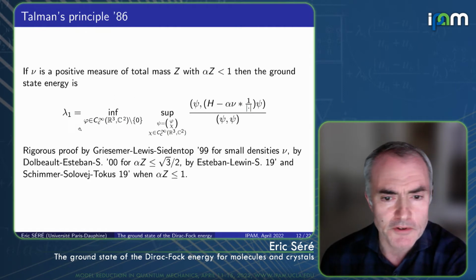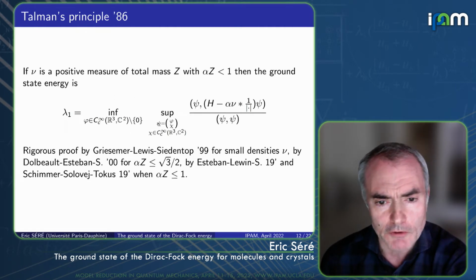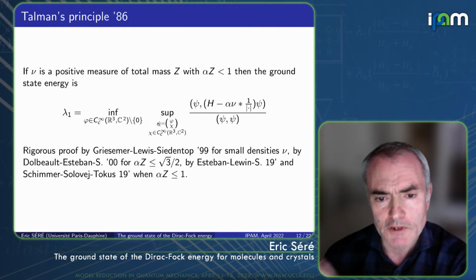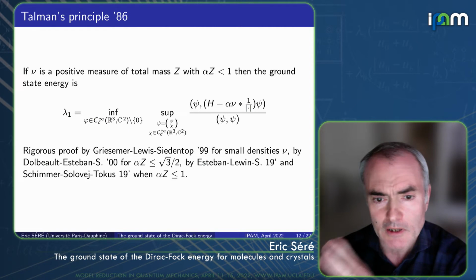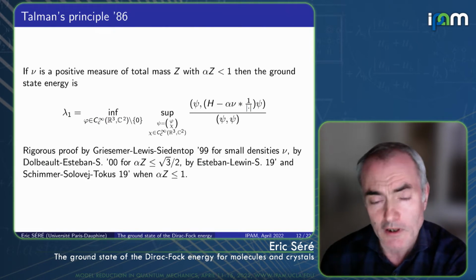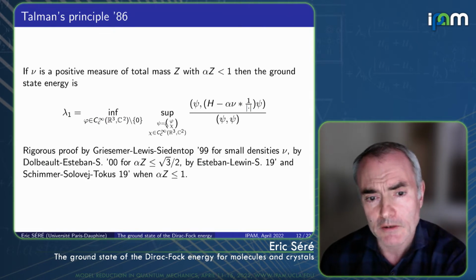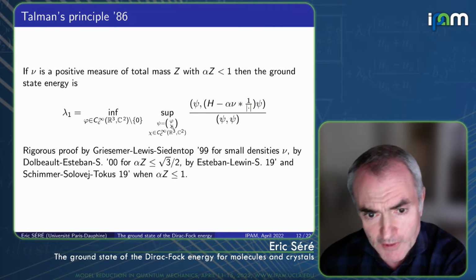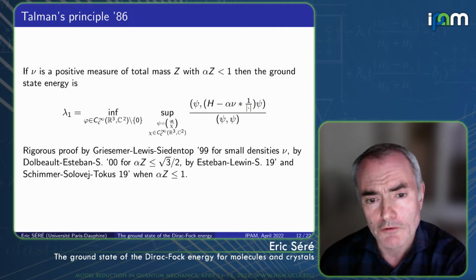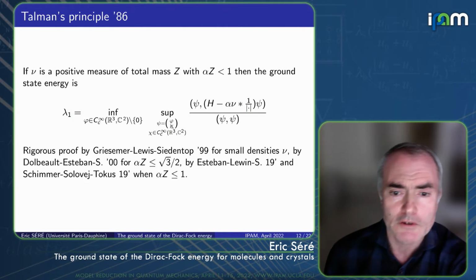And the idea is very simple. You take your wave function. I remind you, it has 4 components because our matrices alpha_k and beta are 4x4 matrices. Now you split it into its first 2 components and its last 2 components. The first 2 components form a vector phi, the last 2 a vector chi.